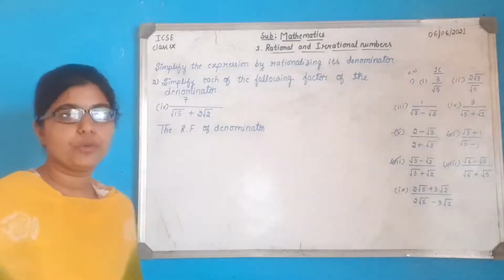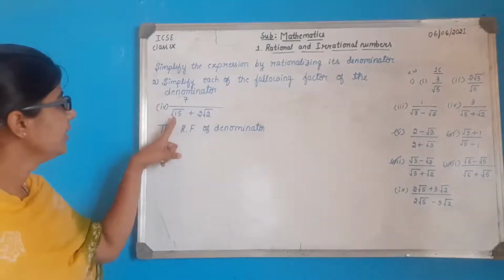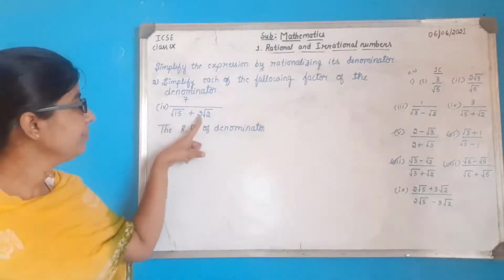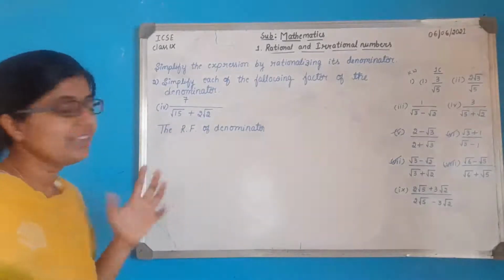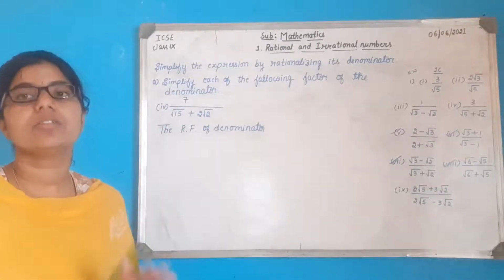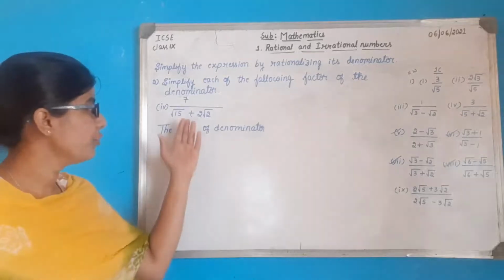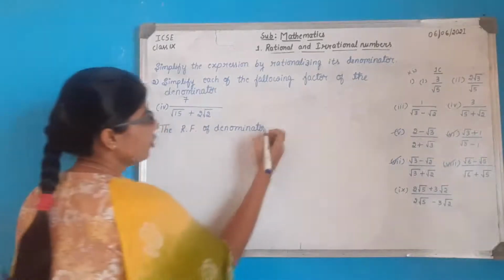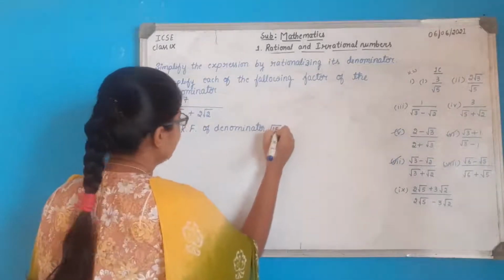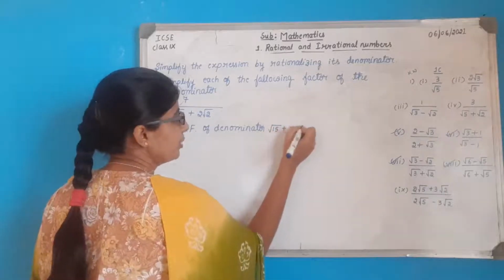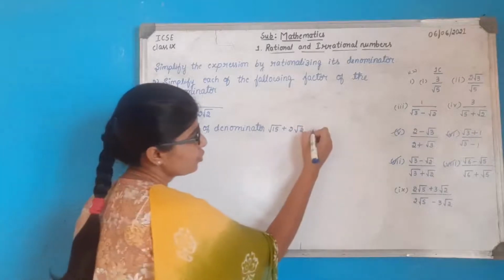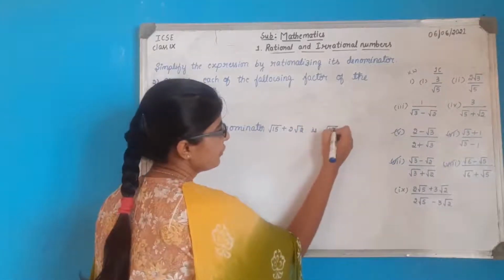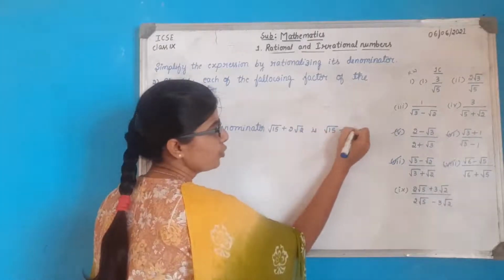Yes, the fourth question is 7 divided by root 15 plus 2 root 2. So in this, again the same methodology: find the rationalizing factor for the denominator. So what is the denominator here? Root 15 plus 2 root 2. The rationalizing factor of the denominator root 15 plus 2 root 2 is root 15 minus 2 root 2.